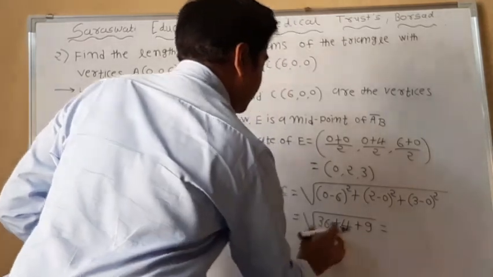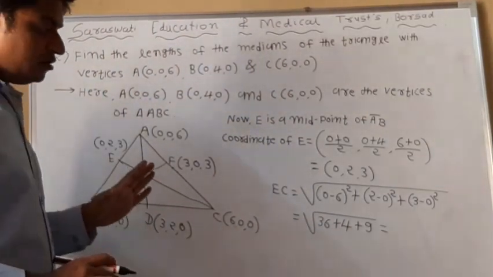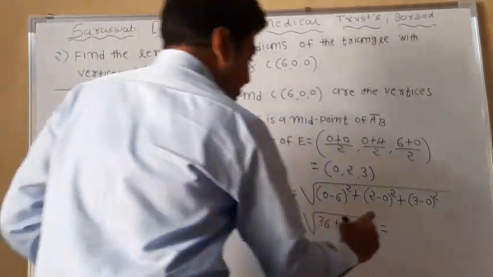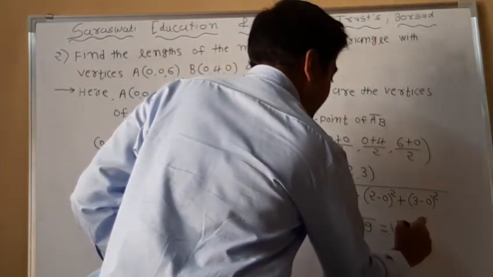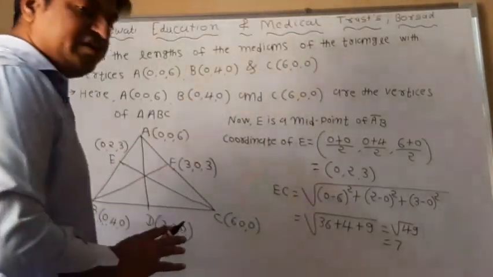Now add these numbers, 36 plus 4 means 40, and plus 9 means under root 49 is equal to 7. So here we can write 7 units.